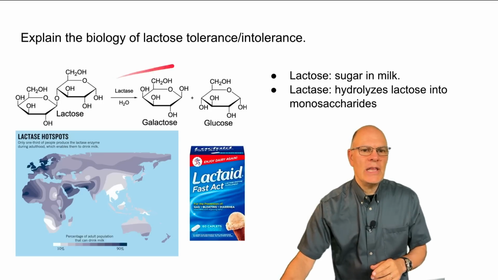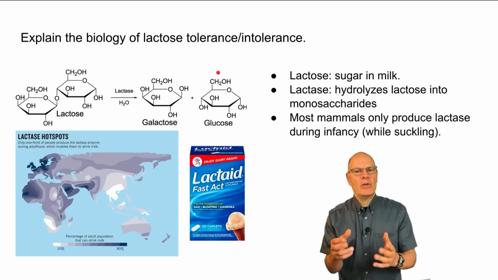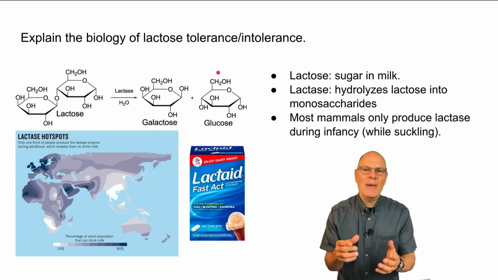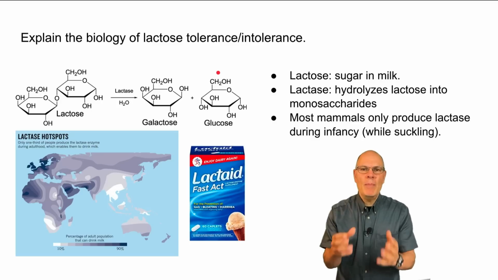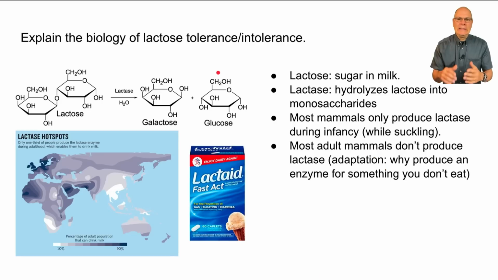And here you see that reaction happening. Most mammals only produce lactase during infancy while they're suckling, because that's the only time that most mammals ever drink milk. So that makes sense from an evolutionary point of view, because when you're an adult, you don't produce lactase. Why should you produce an enzyme for something that you don't eat?